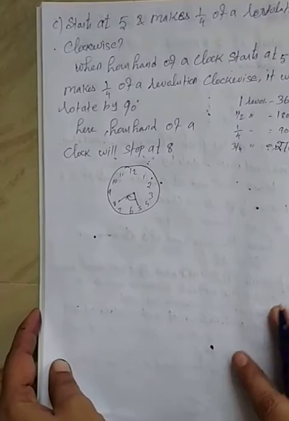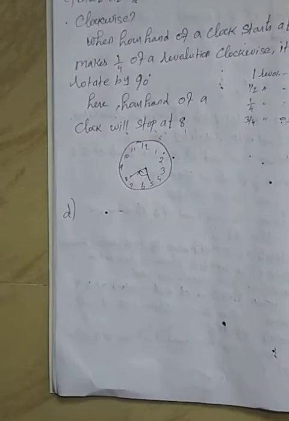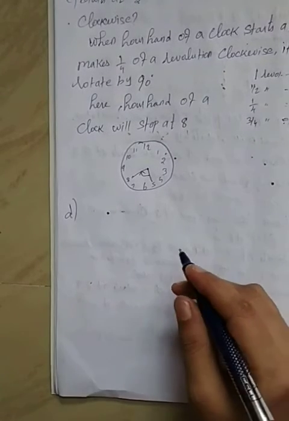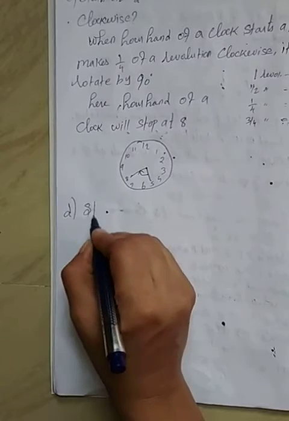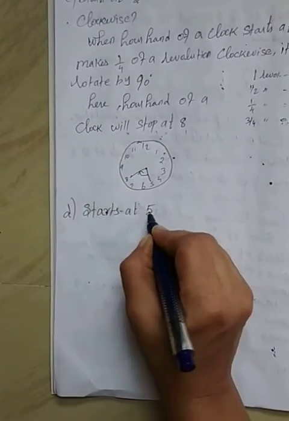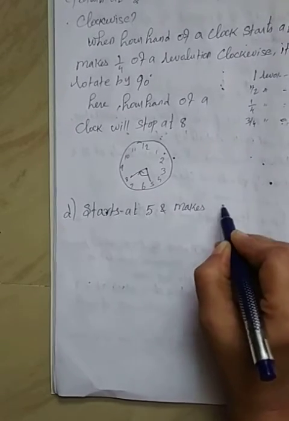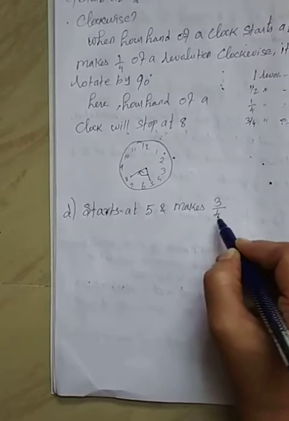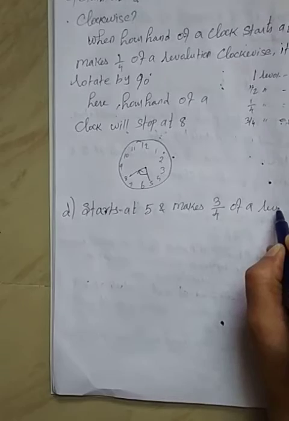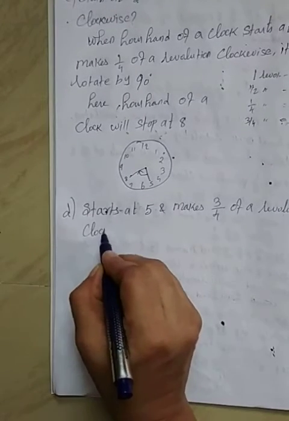Okay. Now see the fourth one. See here, in this problem it starts at 5 and makes 3 by 4 of a revolution clockwise.